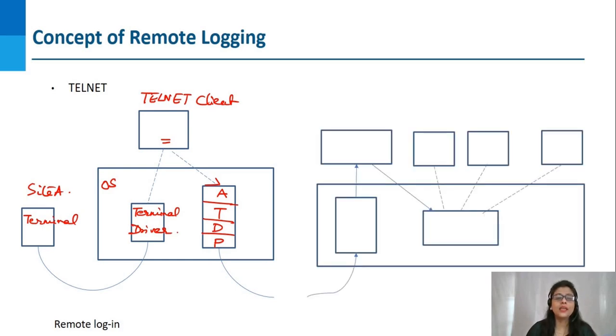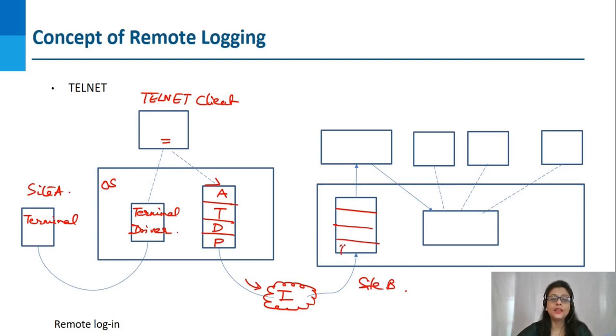Then we have this data going to the internet, and it reaches site B. Here again, we will have similarly the different layers like the physical layer, data link layer, transport layer and the application layer. It goes to the telnet server. From the telnet server, again, this is the operating system. It goes to a pseudo terminal because its application programs are meant to get information from the terminal driver.